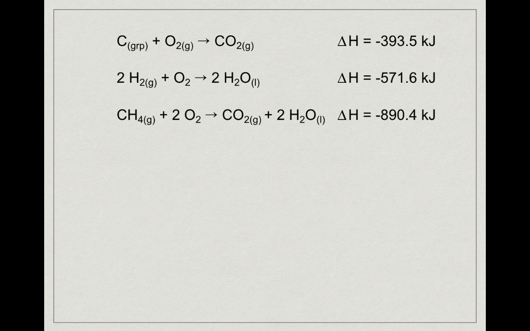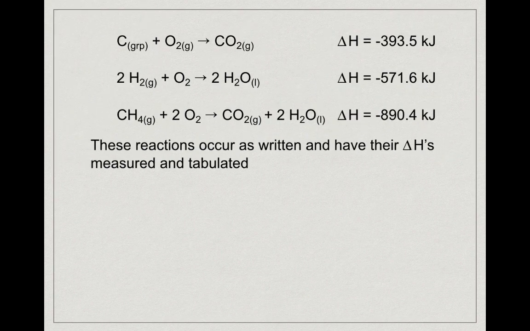That has an enthalpy that's reported. 2H2 plus O2 goes to 2H2O. That has an enthalpy that we can report. And we have the burning of methane, CH4 plus 2O2 goes to CO2 plus 2H2O. All of these reactions occur just as written and have their delta H's measured and tabulated, and you can find them in any table of enthalpies.